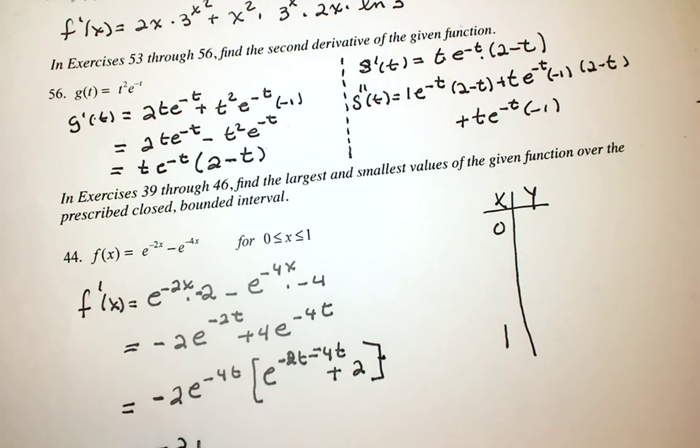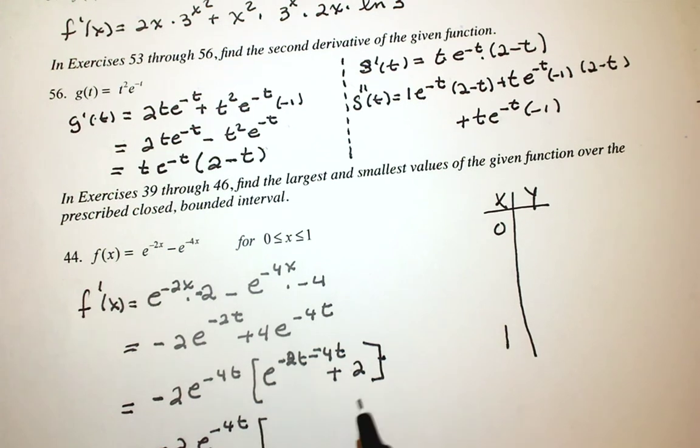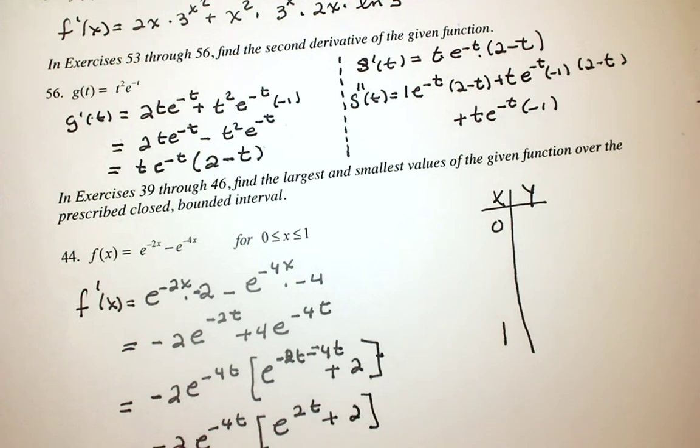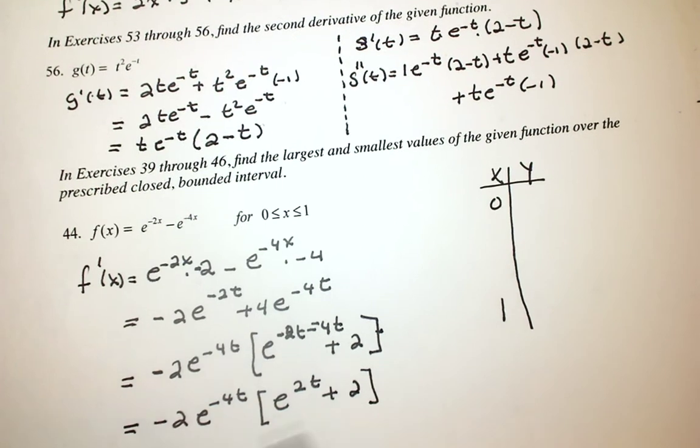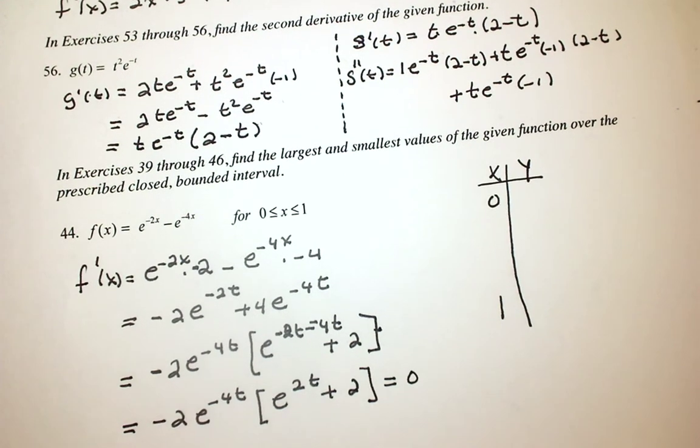So it's minus 2 e to the minus 4t times e to the 2t plus 2. And we set that equal to 0.